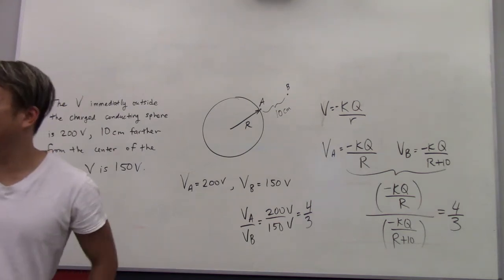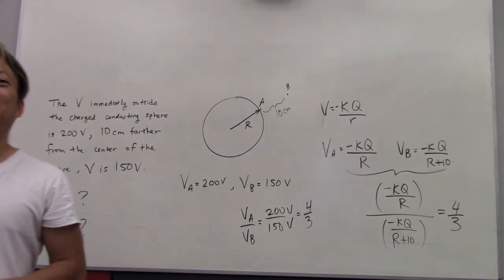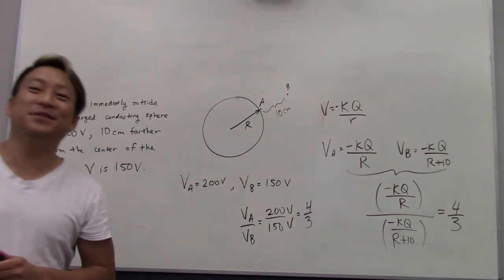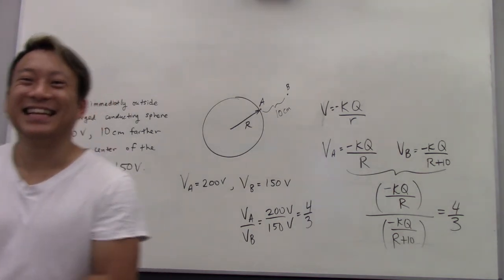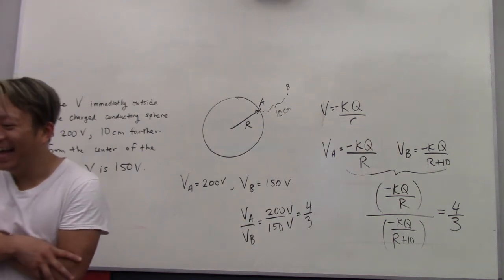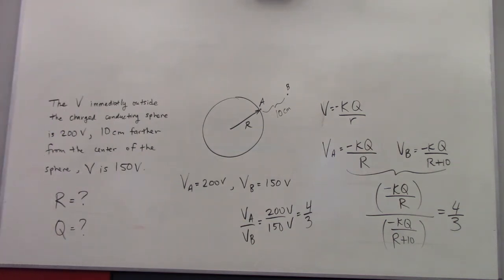What's Q going to be? Well, you figure out R. You can use another location. You need to plug in things. Negative 6.6. Well, you already answered, but that is correct.